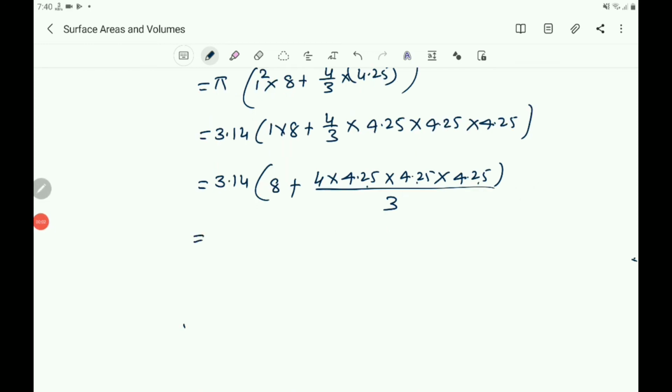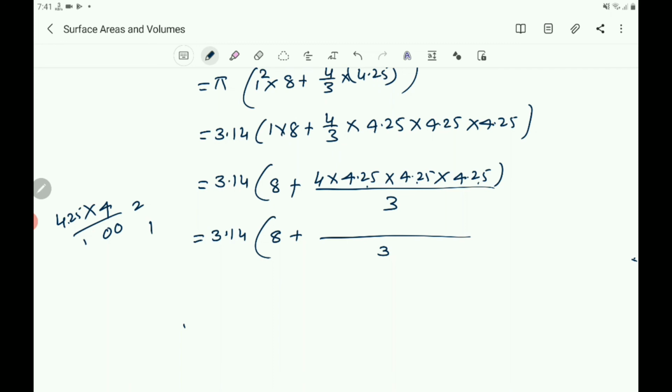So you write 3.14, 8 plus 1 by 3, 4 into 4.25, that is 425 into 4. 5 4s are 20, 4 2s are 8 plus 2 10, 4 4s are 16 plus 1 17.